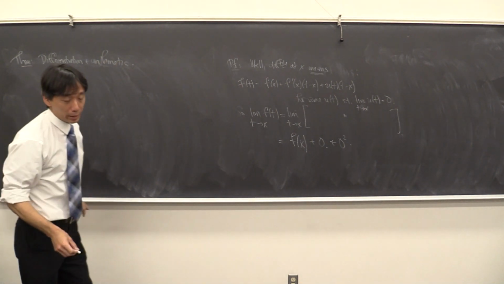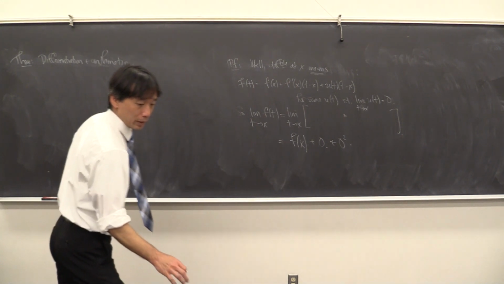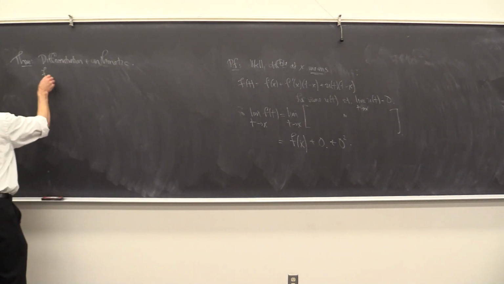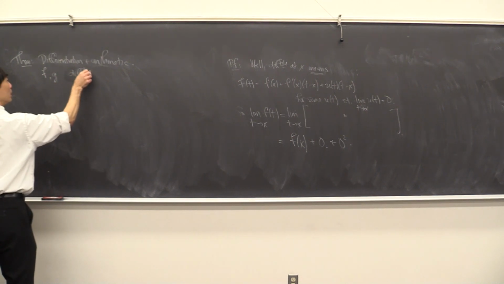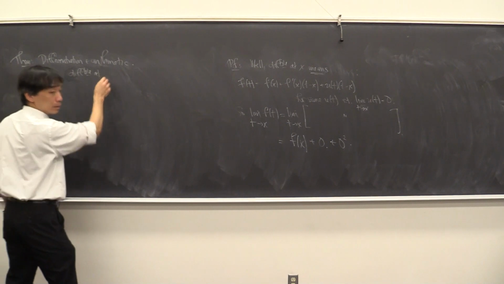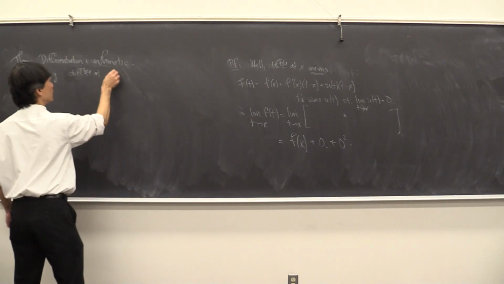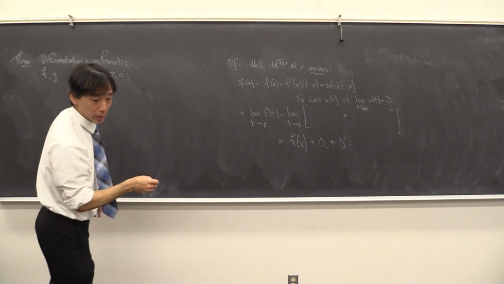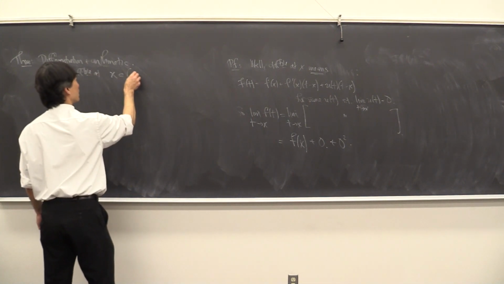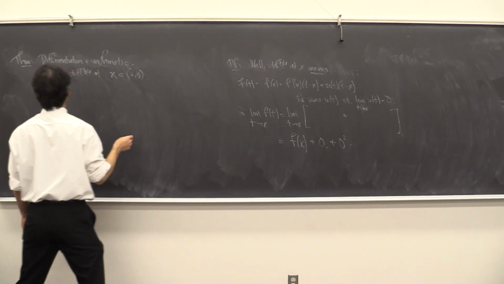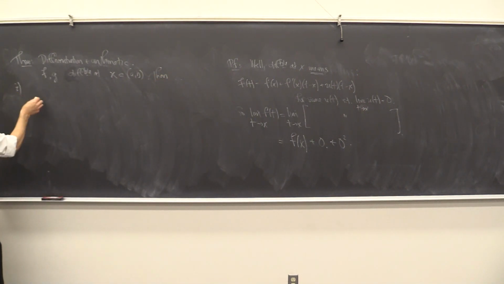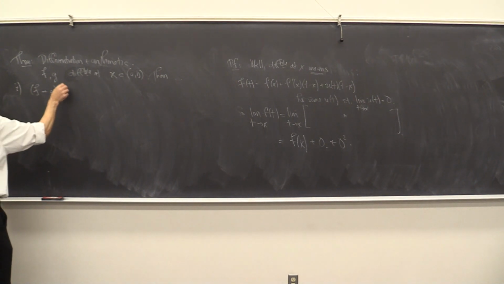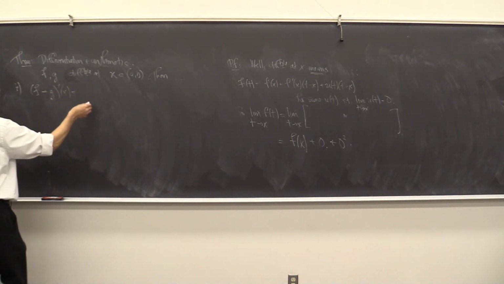So again, you have some functions. f and g are differentiable at some point x in the interior of (a, b). Then the derivative of the sum is going to be the sum of the derivatives.